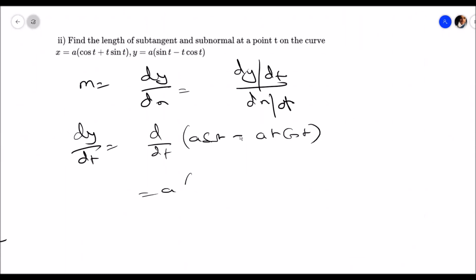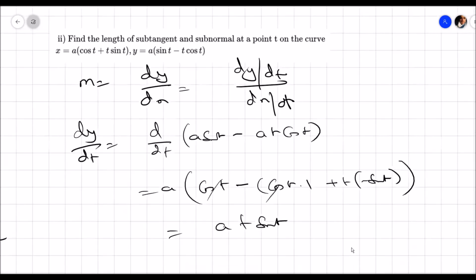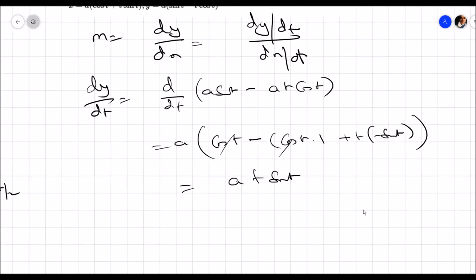Here a is a constant, the derivative of sin t is cos t, minus the derivative of t cos t. By using the UV rule, that will give you cos t into 1 plus t into minus sin t. So this cos t gets cancelled, so you are left with a t sin t, because there's a minus here and another minus here, so minus into minus will give you a plus. A t sin t is the derivative of y with respect to t.